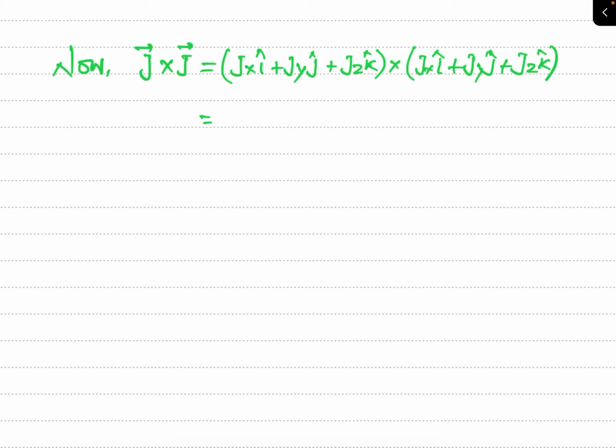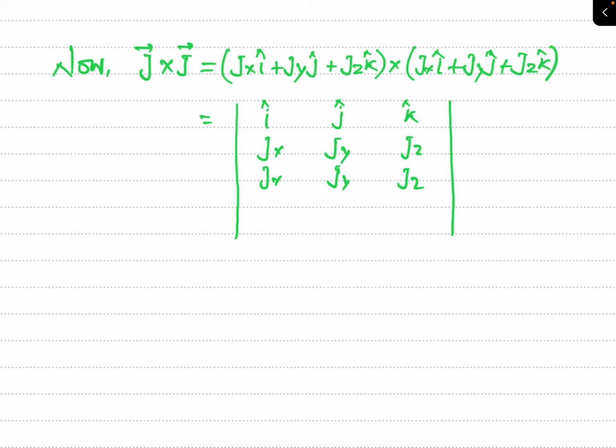And from the definition of the vector product of two vectors, you may write this cross product in determinant form. You can write this with rows i, j, k, then jx, jy, jz, and again jx, jy, jz.